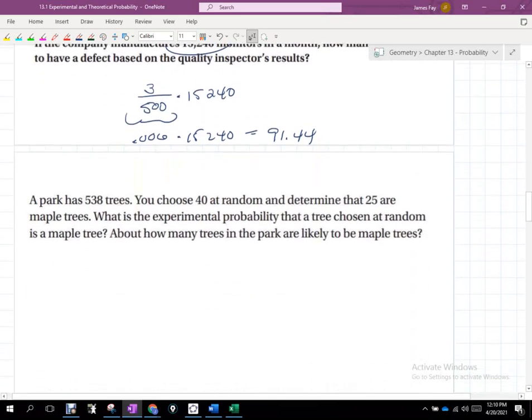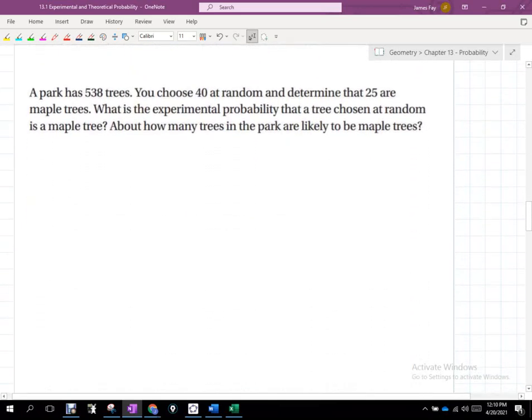Do you guys ever hear biologists or whatever say that we estimate that there are 300 black rhinos left in the wilderness or something like that? I don't even know if that's a thing. I think black rhinos are real, but I don't know if there's 300.